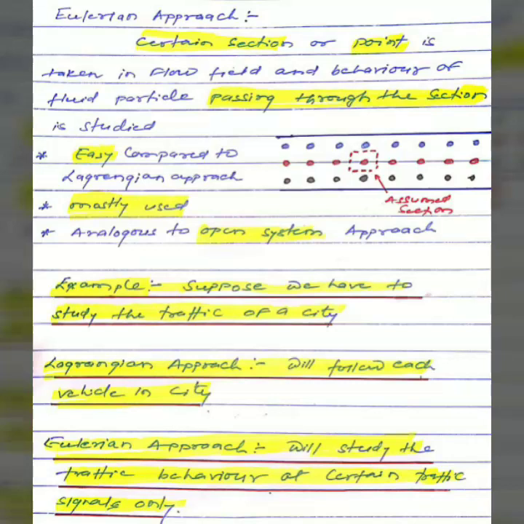Suppose we have to study the traffic behavior of a city. Then Lagrangian approach will study the traffic behavior by following each and every vehicle available in the city, moving in the city, whereas the Eulerian approach will study the traffic behavior by selecting some suitable traffic signals, and it will concentrate on the vehicles which are passing through the considered traffic signals only.